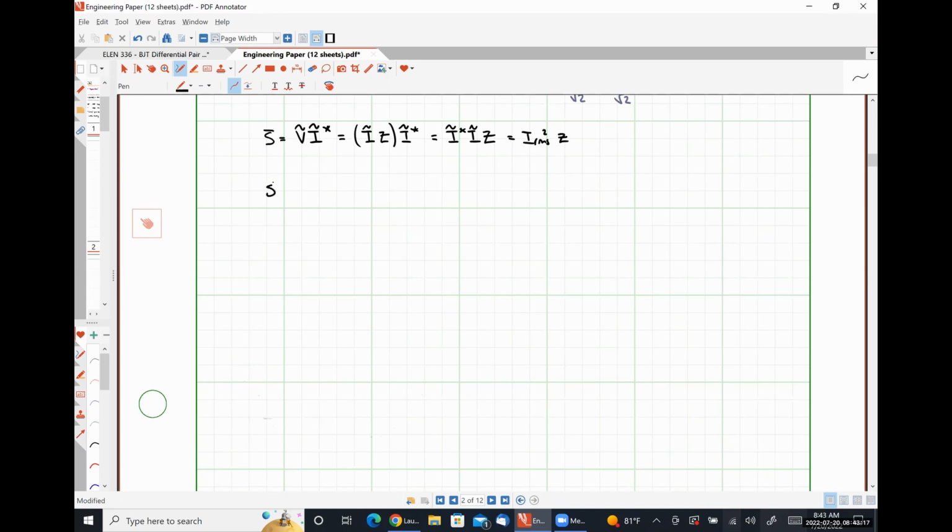Similarly, we could start with V times I conjugate, and we can express I conjugate as, so let's see, we're going to have V here. So I is V over Z. And we're going to conjugate this fraction. Well, when we conjugate a fraction, we have the conjugate of the numerator over the conjugate of the denominator.